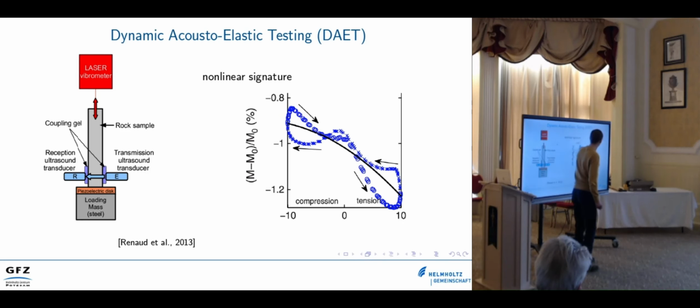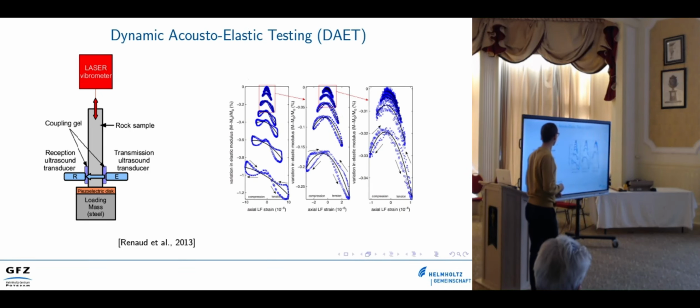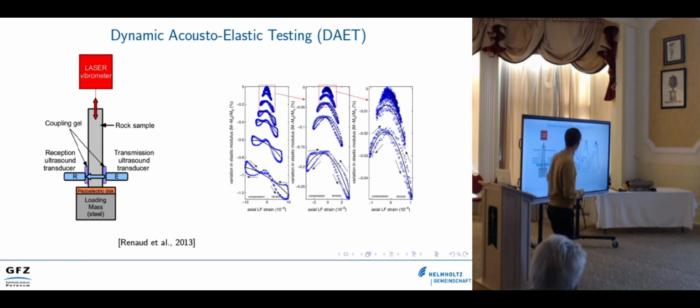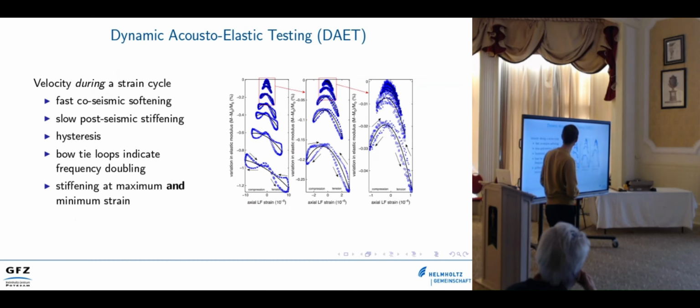But during the cycle, there's a lot of complexity, which is characterized by an increase in the modulus at the largest compression or extension, and by a certain direction. So for different strains, for different levels of the driving amplitude, we observe different shapes here.